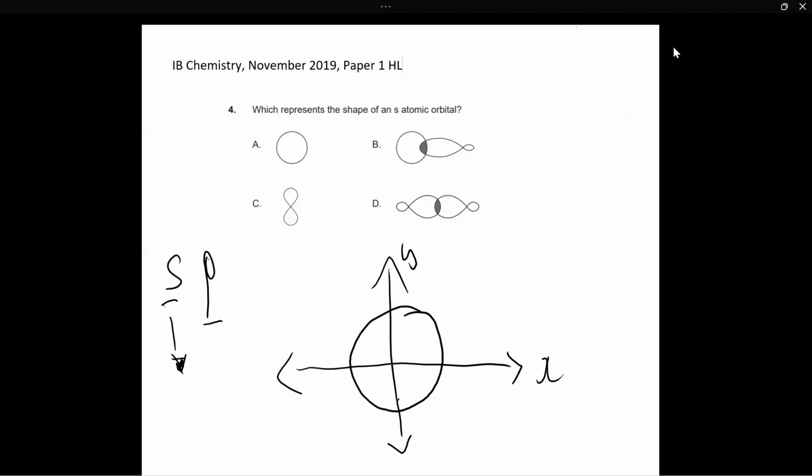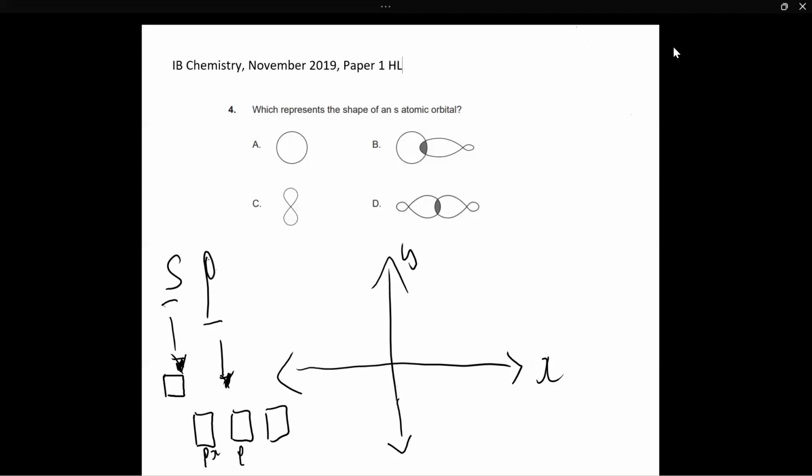But I'm also going to explain how the P atomic orbital looks. Now, the P atomic orbital is made up of 3 orbitals. The S orbital is only made up of 1, but the P orbital is made up of 3. So it's Px, Py, and Pz.